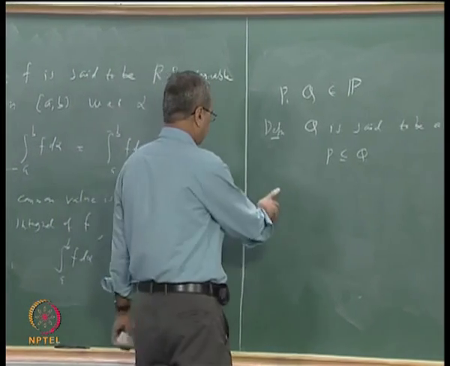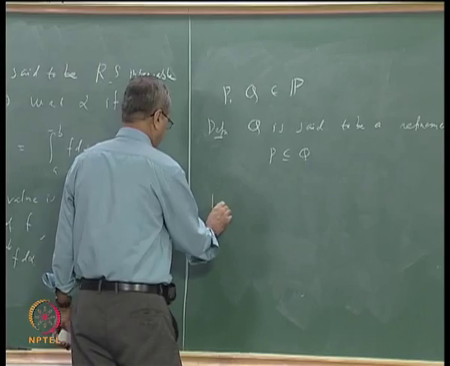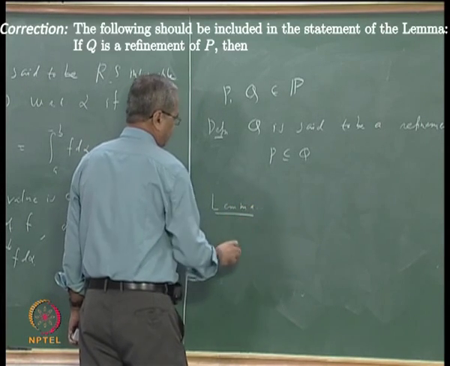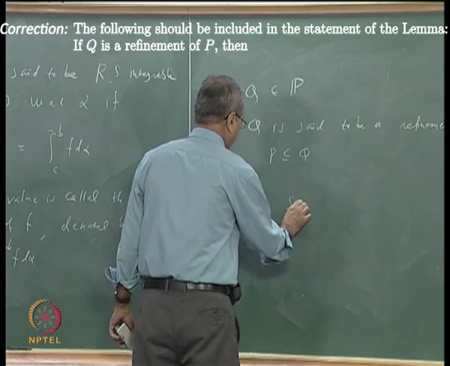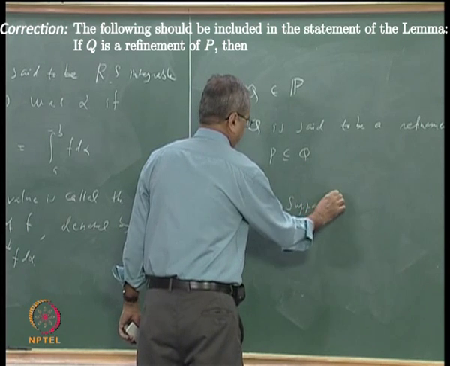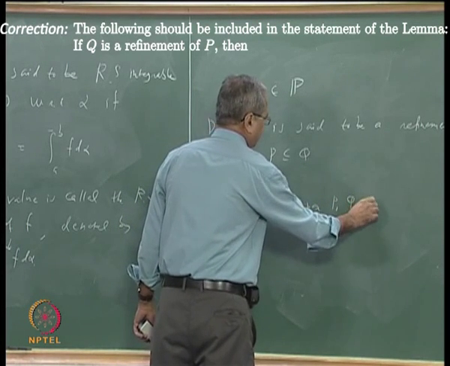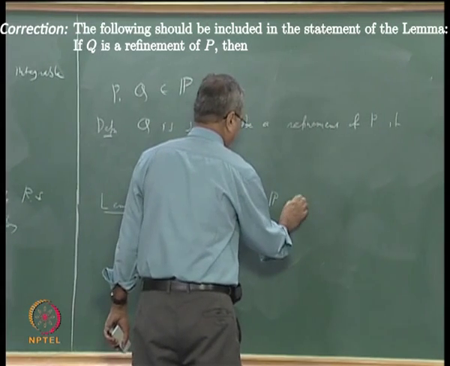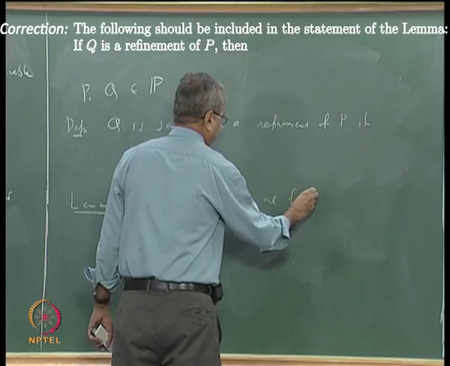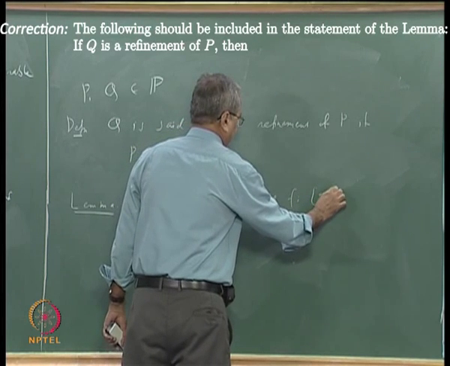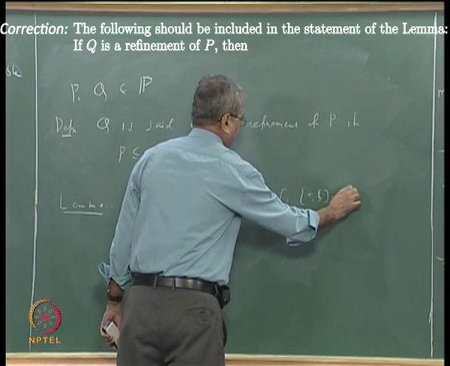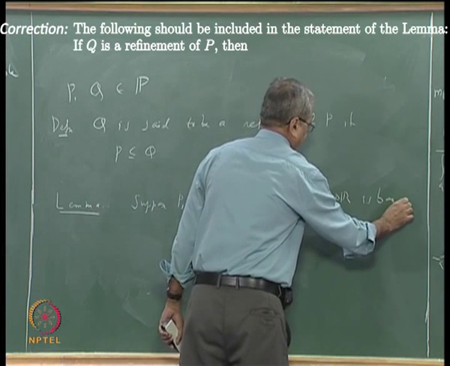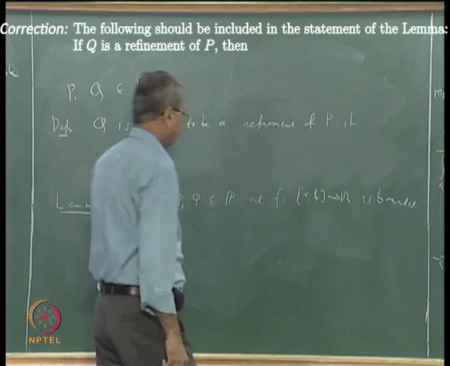So let us proceed to that, okay. Let us call that a lemma. Suppose P, Q are partitions of the interval [a, b], and f from [a, b] to R is bounded, okay, and alpha from [a, b] to R is monotonically increasing.